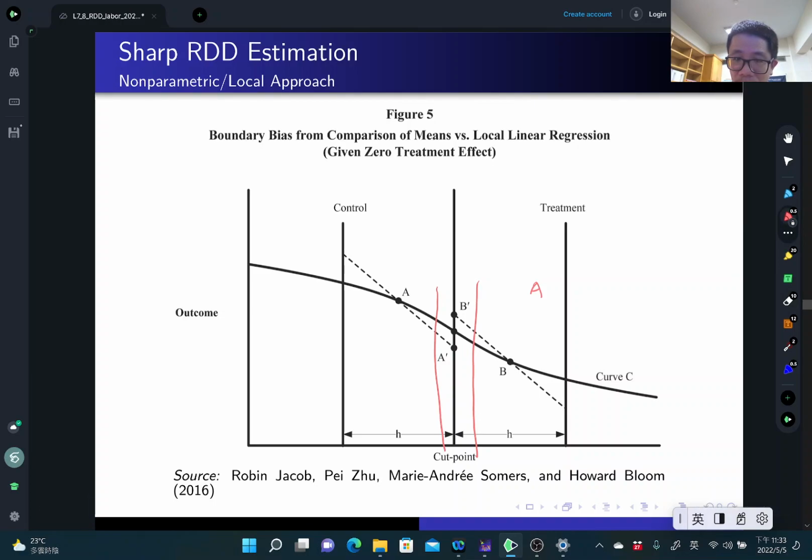Here you do the Taylor expansion, and that gives a discontinuity much more close to the truth.